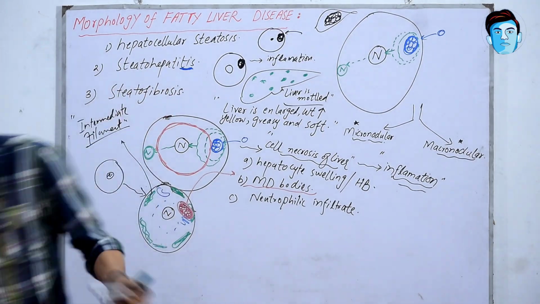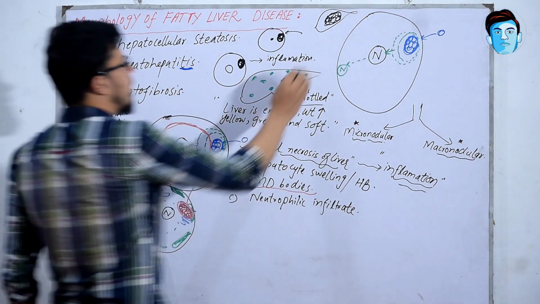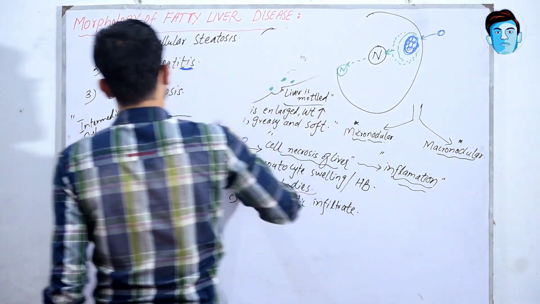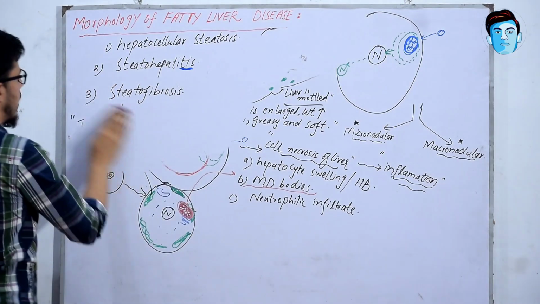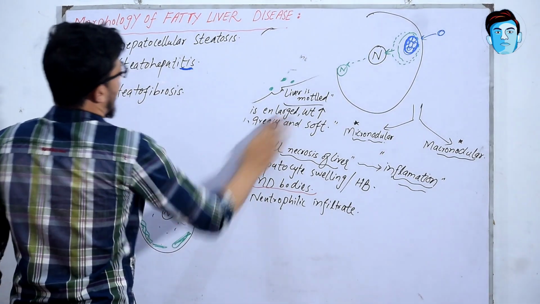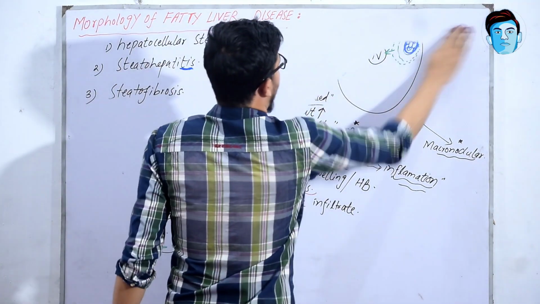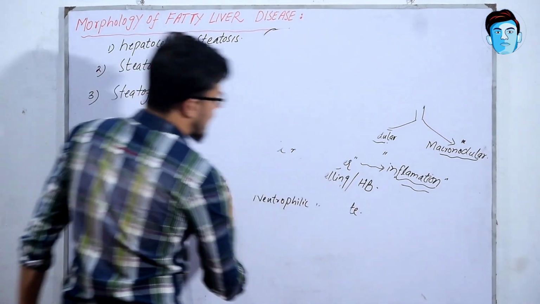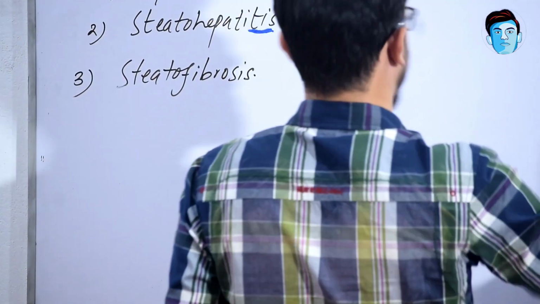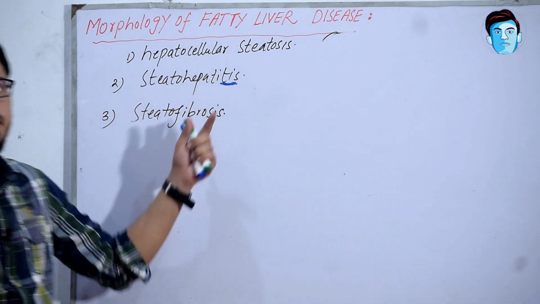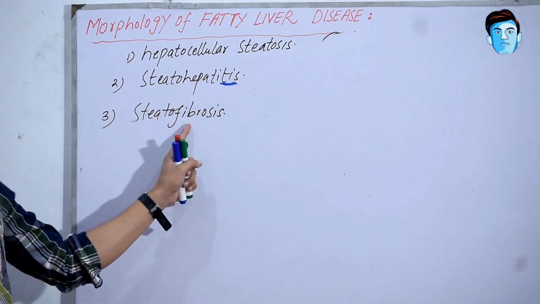Now coming toward the last pattern of the morphology of fatty liver disease, that is steatofibrosis. Now, what is steatofibrosis? Steatofibrosis is the last phase in the morphology, and whenever the steatohepatitis phase is unresolved, this unresolved pattern can lead to steatofibrosis.